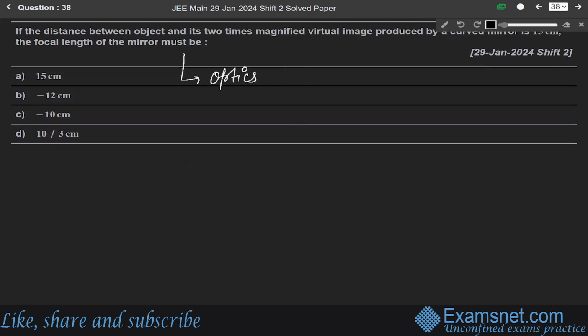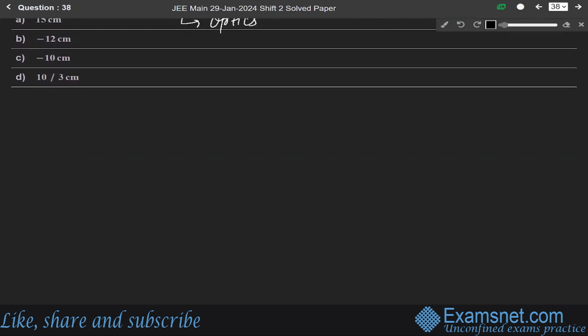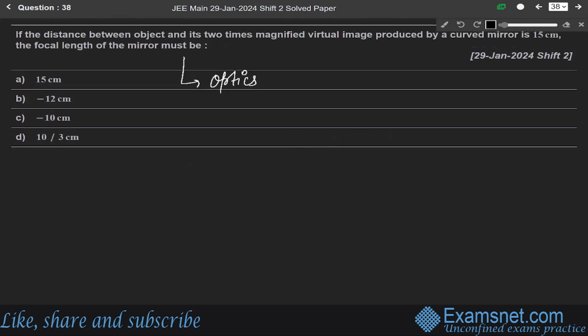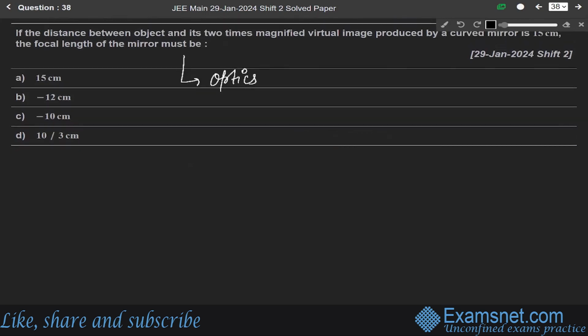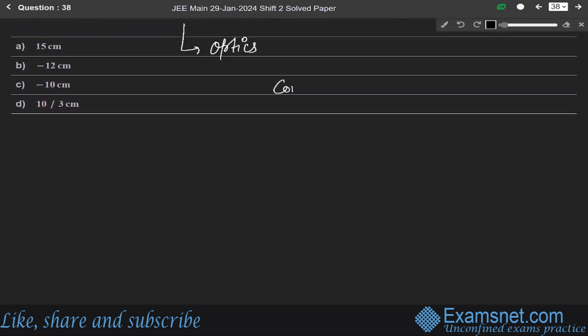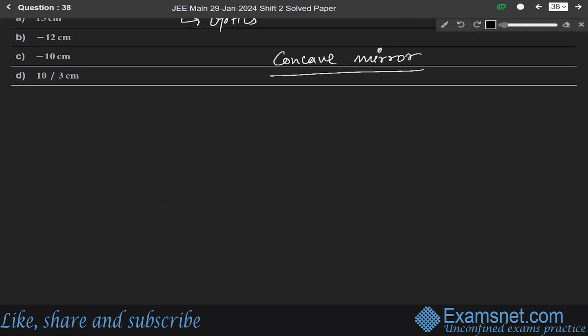Now understanding this question: the object and its 2-time magnified virtual image. Magnified virtual image means this is a concave mirror.